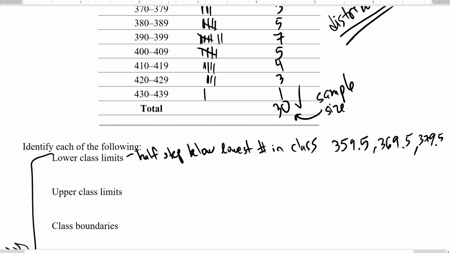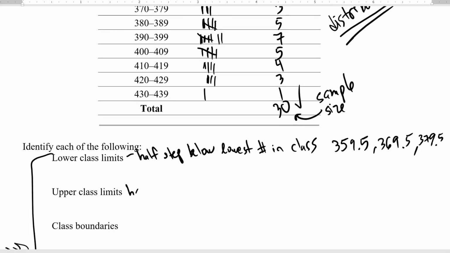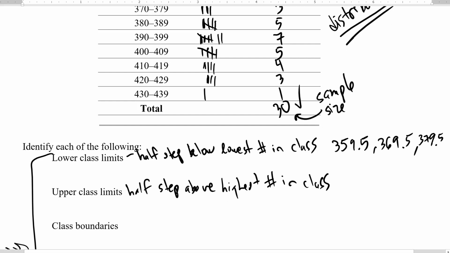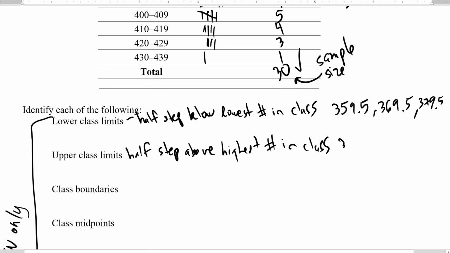The upper class limits are basically going to be the upper numbers, kind of the same idea as a half step. So this will be a half step above the highest number in a class. So the highest number in the first class is 369. So the upper class limit would be 369.5.